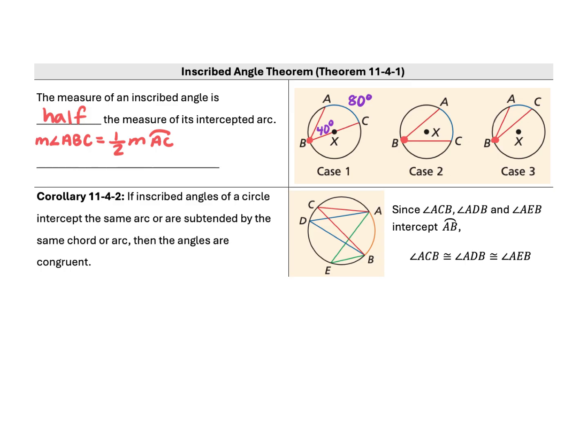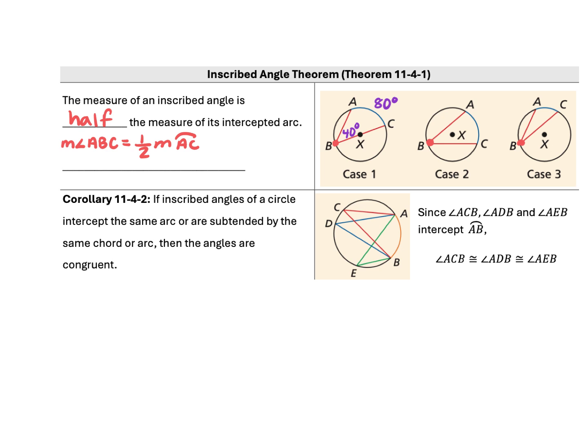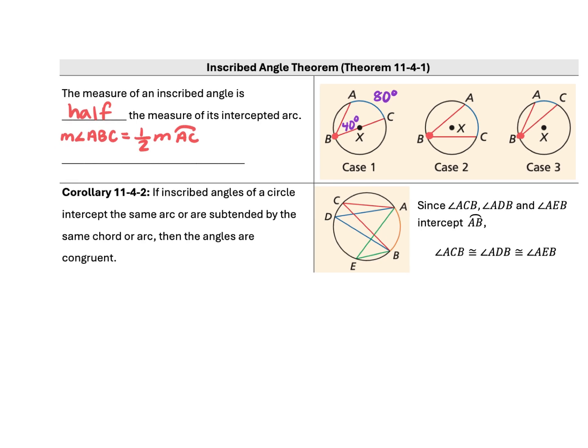All we have to do is multiply the equation by 2. So imagine we multiply each side by 2, and when you multiply 1/2 by 2, it disappears. So it's just going to be the measure of arc AC is equal to 2 times the measure of the inscribed angle, angle ABC.